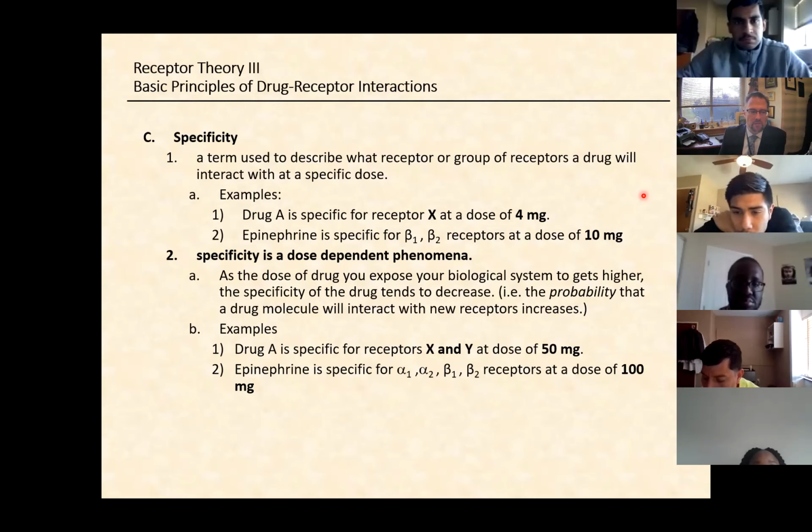Go ahead, Jodianne. Using the epinephrine example there, we would have been saying that it's selective for alpha versus beta, but specific for beta receptors.